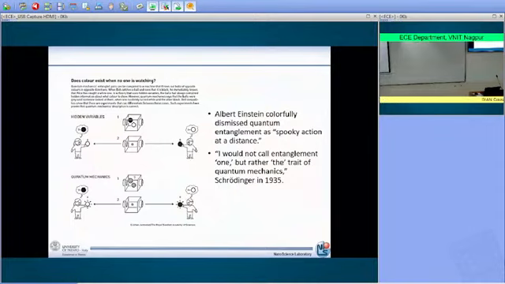Immediately when Alice is doing the measurement, the wave function of the photon in Bob's hands collapses to a state that is the counterpart of the state measured by Alice.